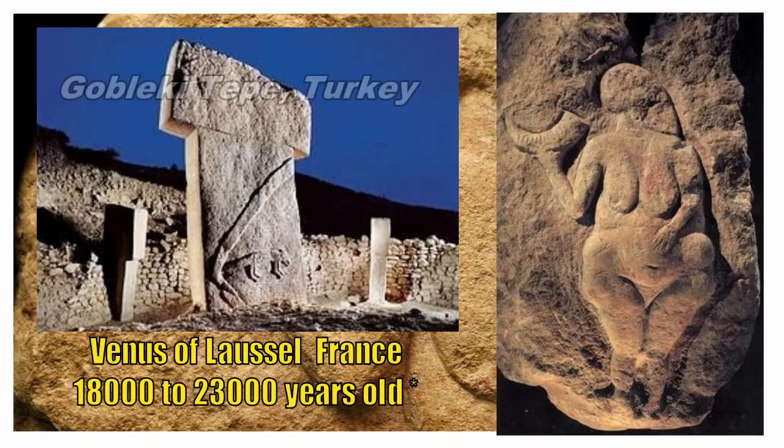The Venus of Laussel in France is dated to between 18,000 and possibly up to 23,000 years old. What's interesting about this is that it's a bas relief and that it's been carved as a three-dimensional shape into the stone. So not just carved into the stone, but it's been born out of the stone.